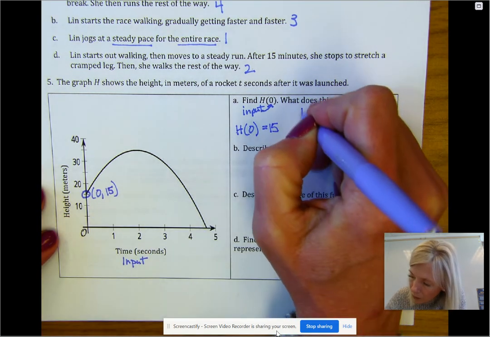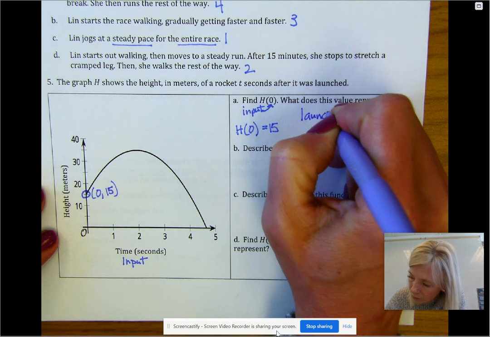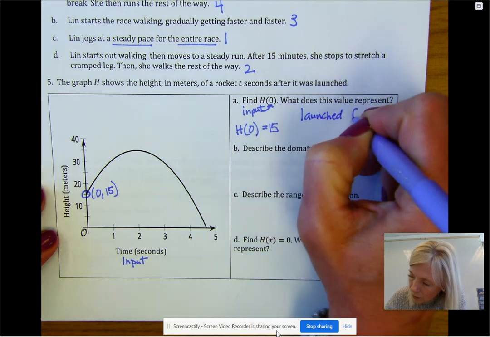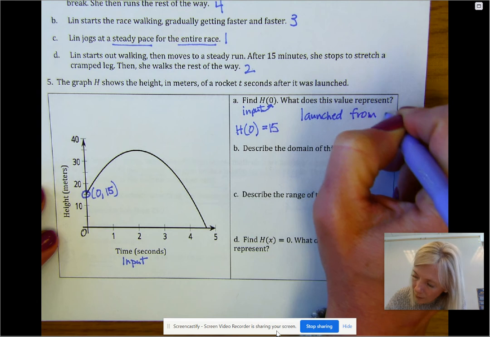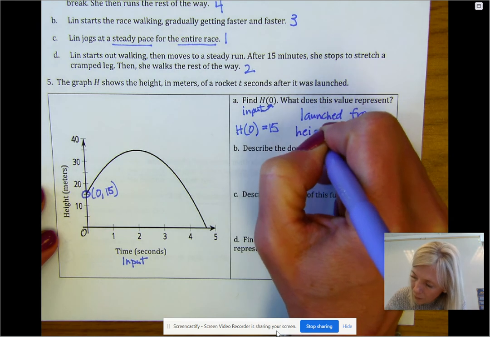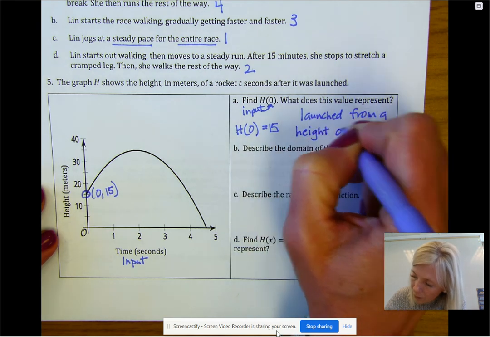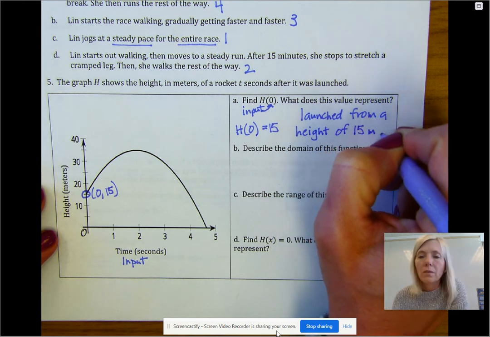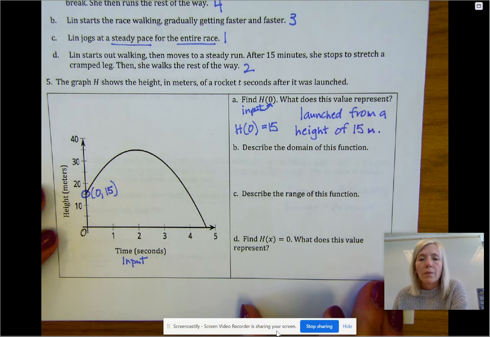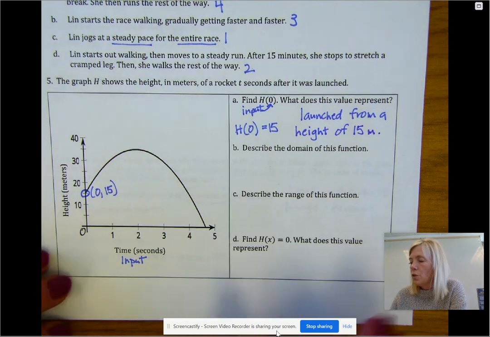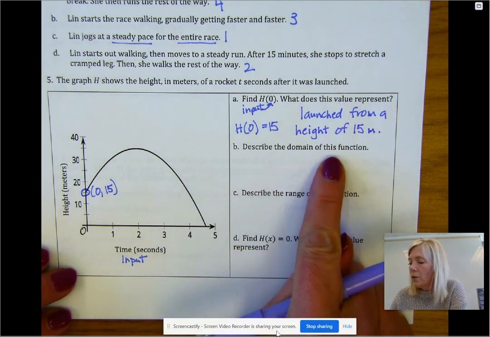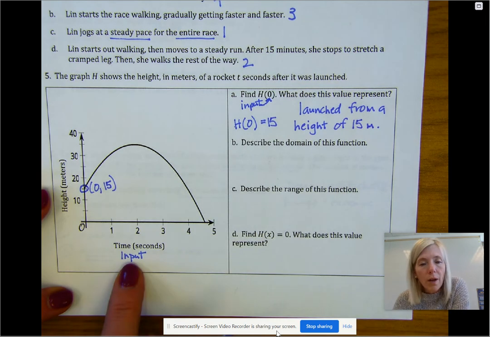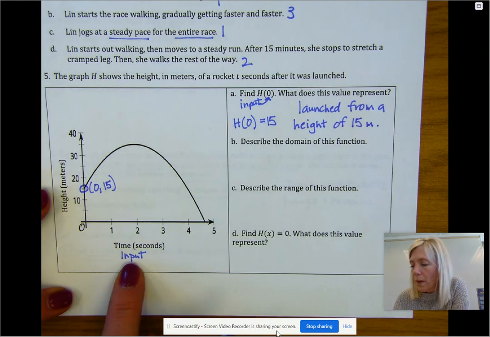What does it represent? It represents that the rocket was launched from a height of 15 feet. So I'm going to write launched from a height. Oh, sorry, meters, of 15 meters. Okay, describe the domain of this function. So all of the input values are what represents the domain.